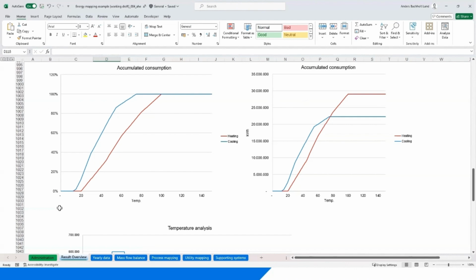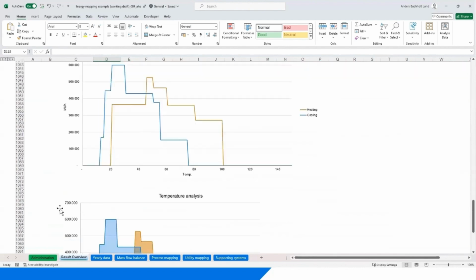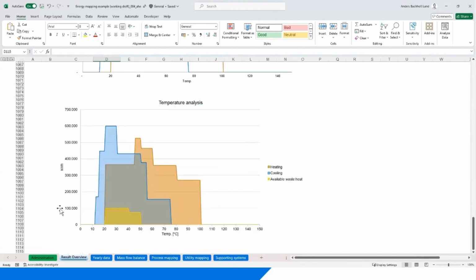And if we take the temperature analysis in the bottom, this again is an ideal situation where you can say, okay, if we could recover this whole cooling demand part, we could put it into the heating, because we have a temperature match, we have an energy match. But we all know that in order to transfer energy, we need a temperature difference.